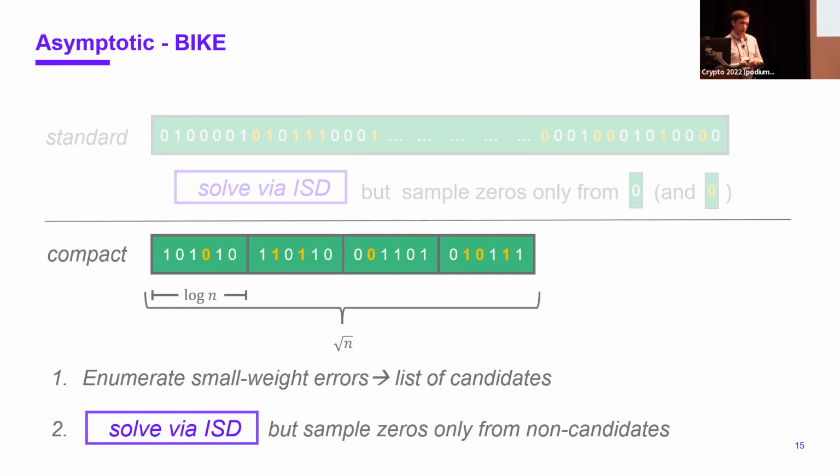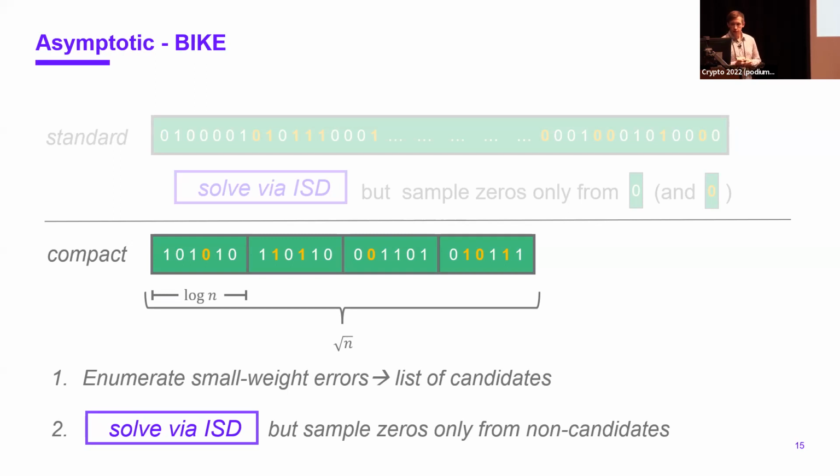So we then solve via ISD, but sampling from this list of candidates. And since we are able to manipulate the size of this list by changing the error we enumerate, we have this advantage in the amount of errors we can tolerate.